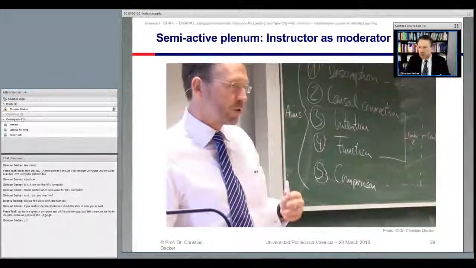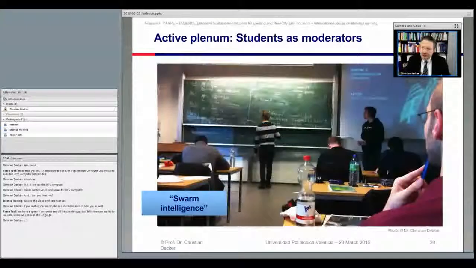Well, this is traditional, and this is what students have asked me to do more and more. My favorite technique, as you might have heard, is what is called here the active plenum, where the lecture takes place completely without the instructor.